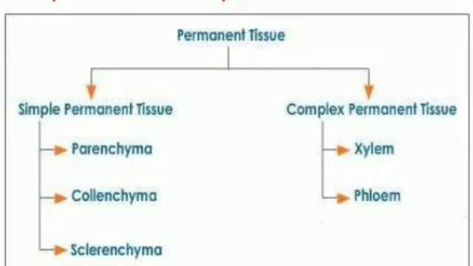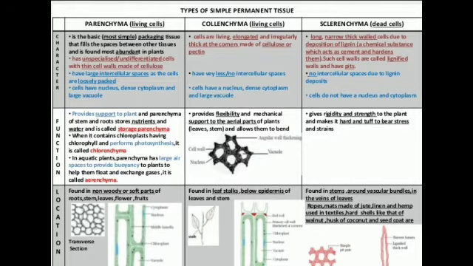Parenchyma stores food, collenchyma gives strength and flexibility, and sclerenchyma acts as a protective layer. Some of the sclerenchyma tissue is converted into cork cells and they act as a protective tissue layer. It is asked also how cork acts as a protective layer.